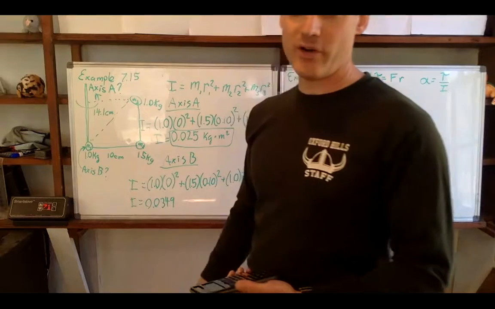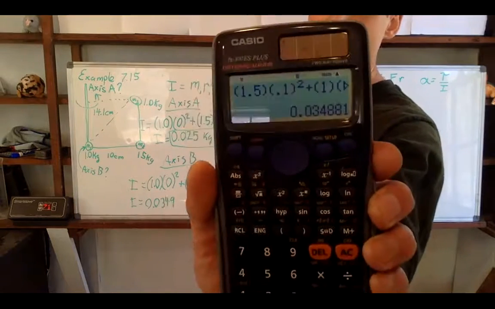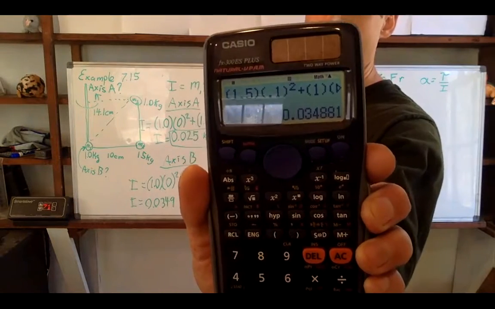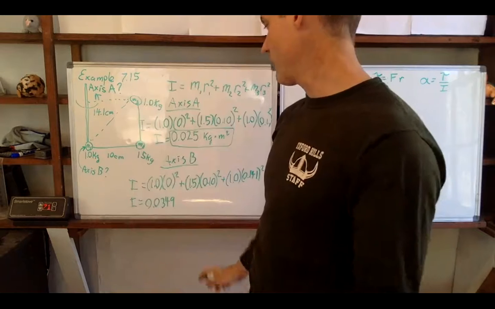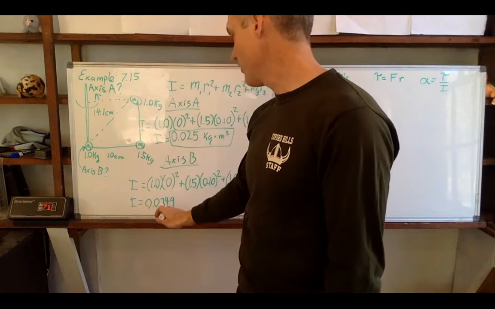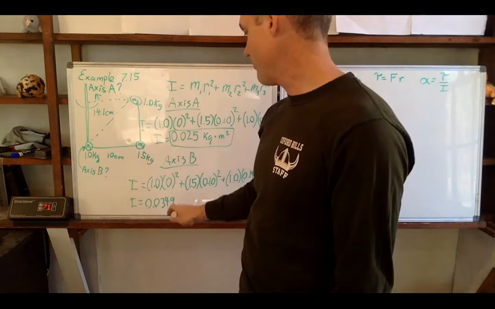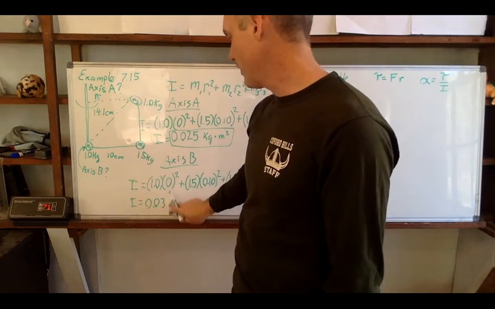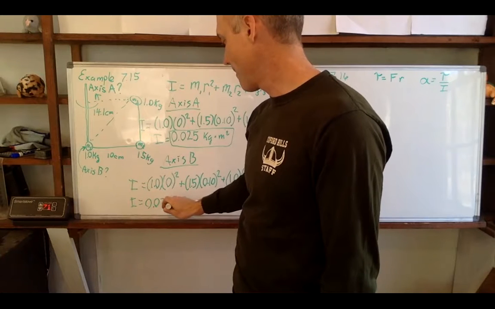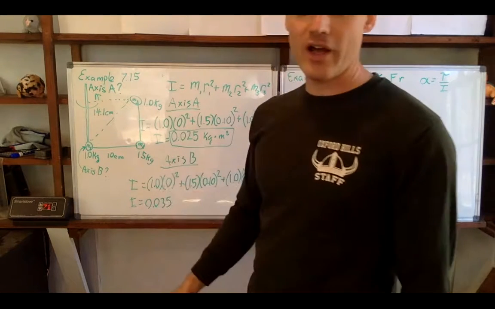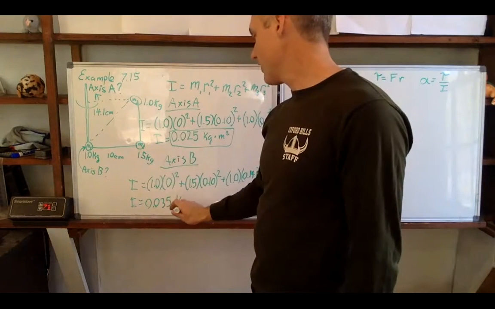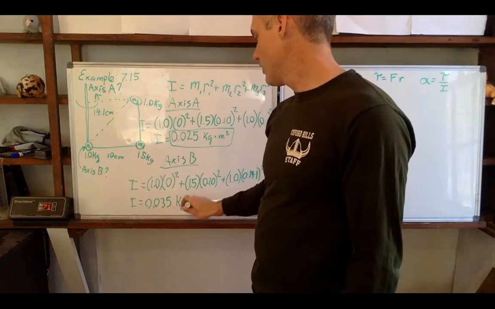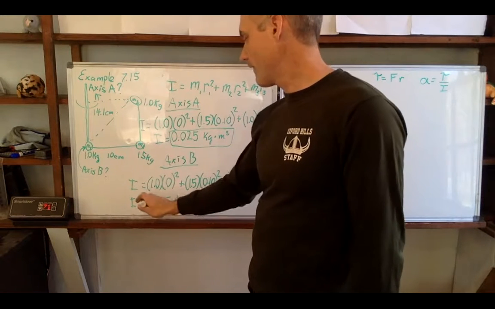I'll call it, I'm rounding up a little bit, but you can see 0.034881. I'm rounding it up to 0.0349, or maybe 0.035. That will match the other one for significant figures, and that's kilogram meters squared.